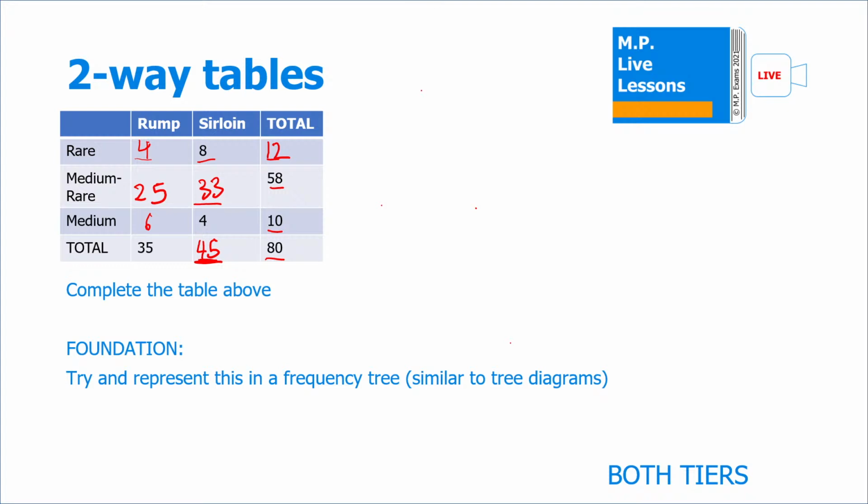Now, if you try and represent this in a frequency tree, we'd have the grand total at the start. Now, we basically split off however we like. For example, I'll split off by the type of steaks. Example, rump. 35 were ordered here.